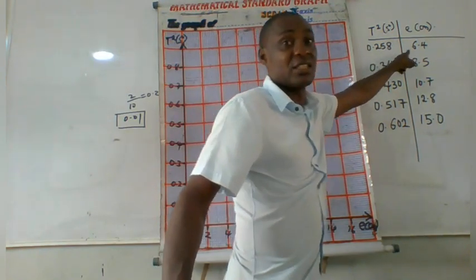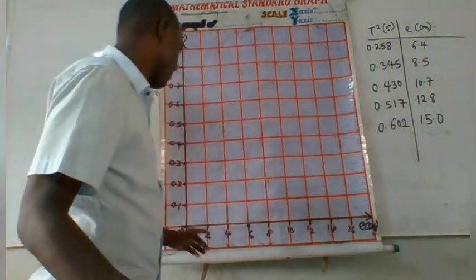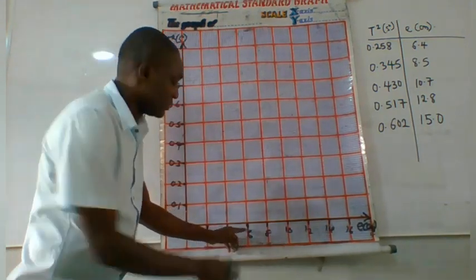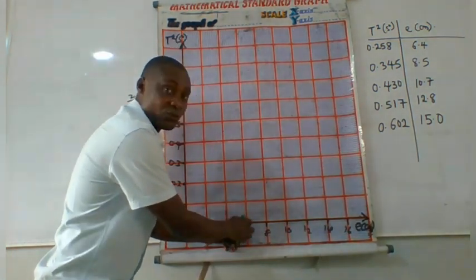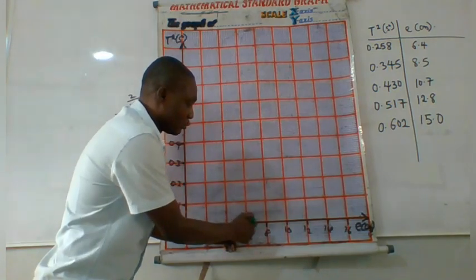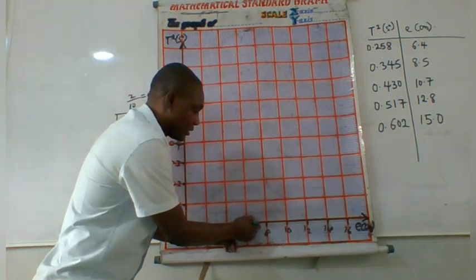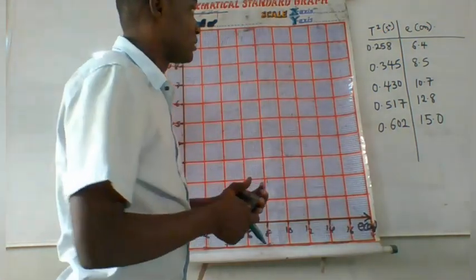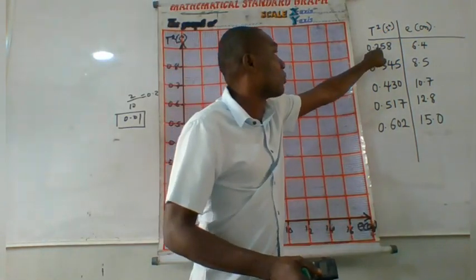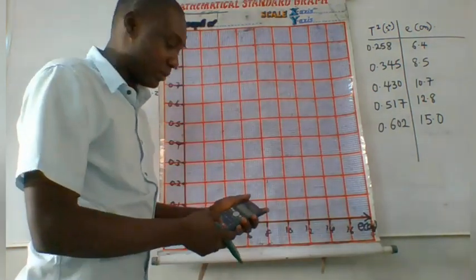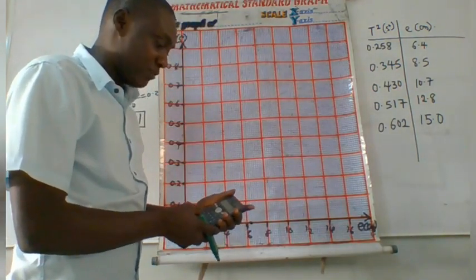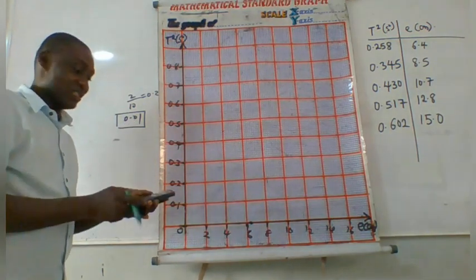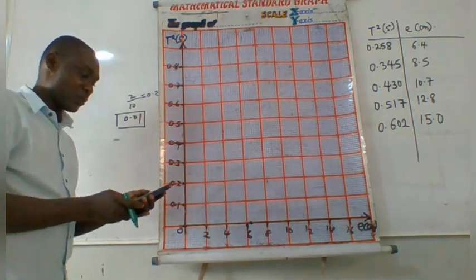So if I want to plot, say, 0.258 against 6.4, I can easily read this up here. This is 6, 6.2, 6.4. Okay, so 6.4 is at this point here. So I want to trace this upward. How do I do that? I'll just take my calculator and press 0.258, then divide it by 0.01.